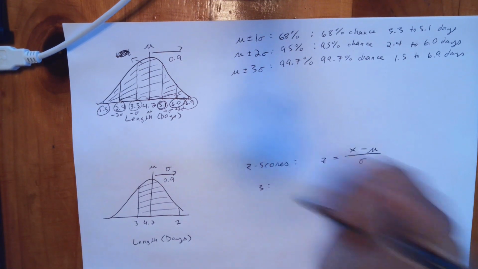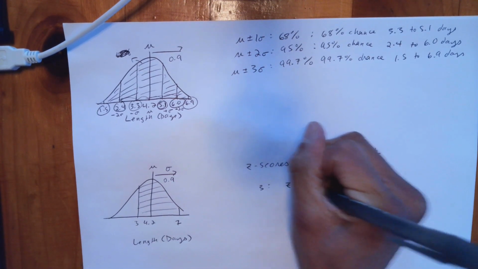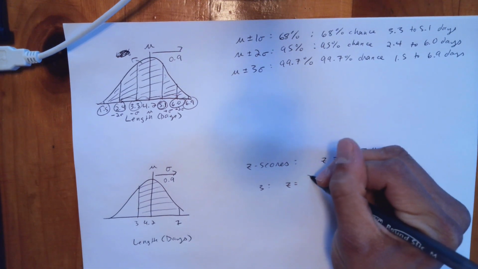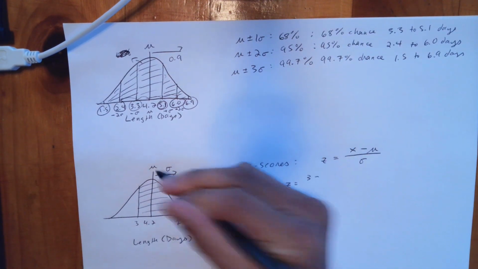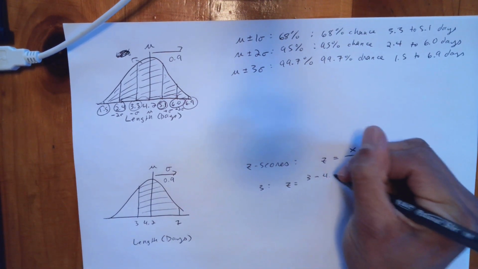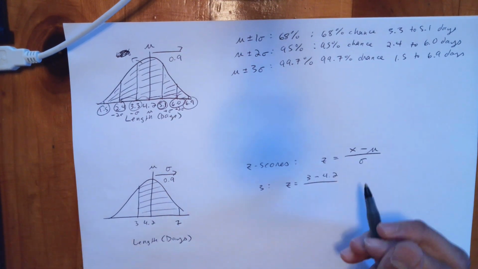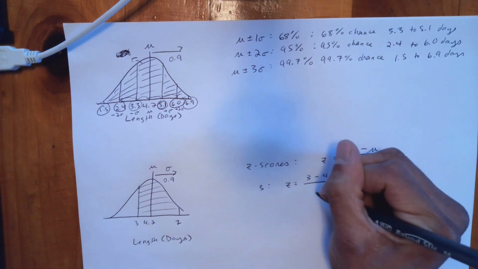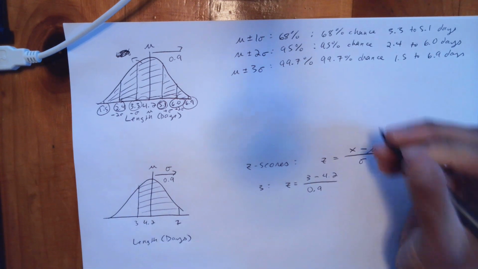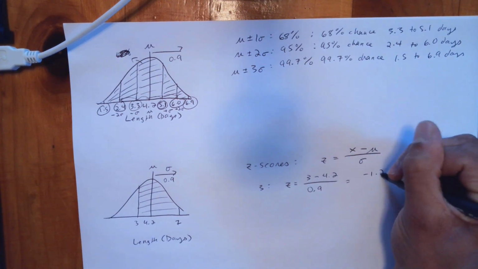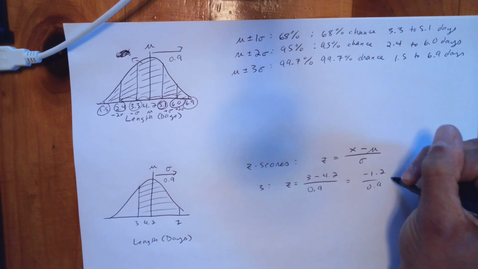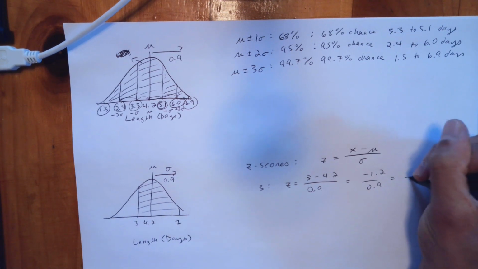So for 3, z is going to be equal to 3, our value of interest, minus 4.2, our mean, divided by 0.9, our standard deviation. And that gives us negative 1.2 over 0.9, and that comes out to negative 1.33.